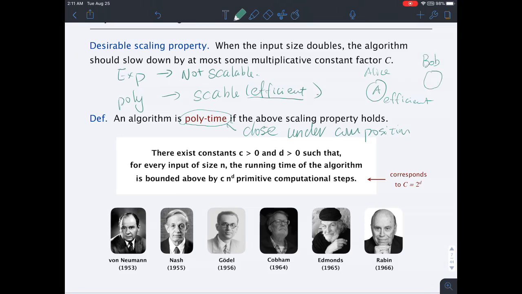Bob and Alice collaborate in one single project, and Bob needs to rely on Alice's component A in order to finish his own module B. Bob also knows the same piece of information. He knows that module A is an efficient module, which runs in polynomial time, but he doesn't really know the exact running time of A. Right? So now he needs to rely on A.